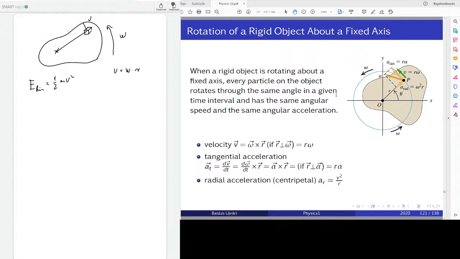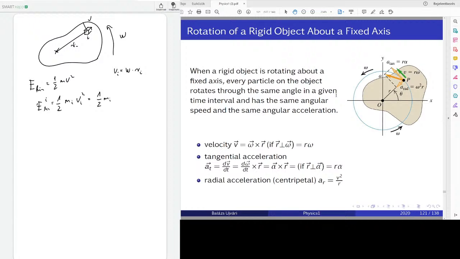So let's say this is the small part of the body with the index i. The kinetic energy of this small part is nothing else than 1 over 2, the mass of this part, and the velocity, which is v_i equal to omega times the radius, the distance from the axis of rotation of this small part of the body.